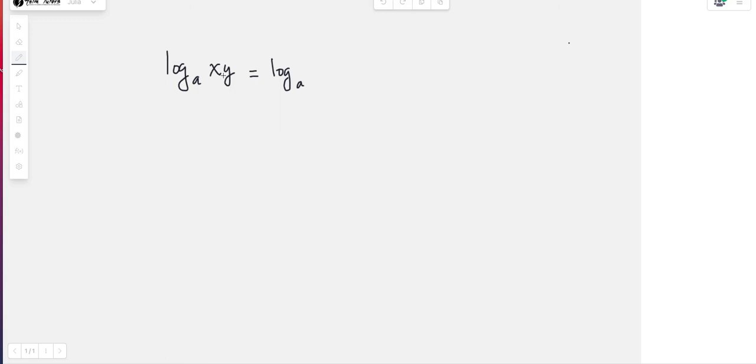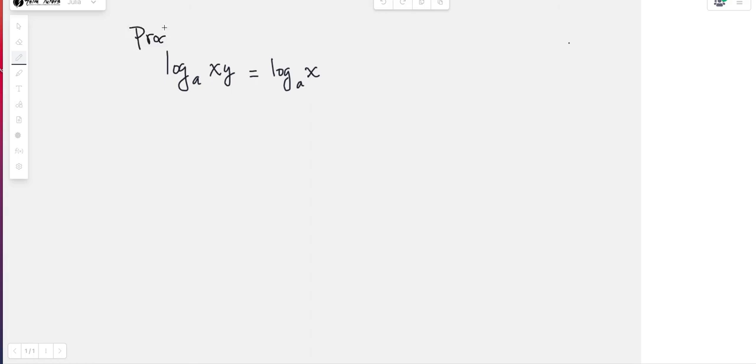So log base a of x times y equals. Mm-hmm. This is the product rule, dear.